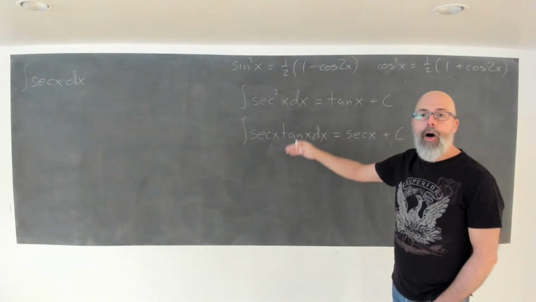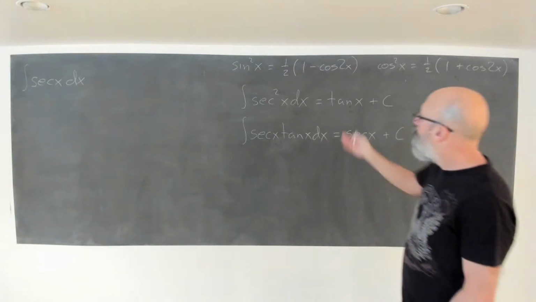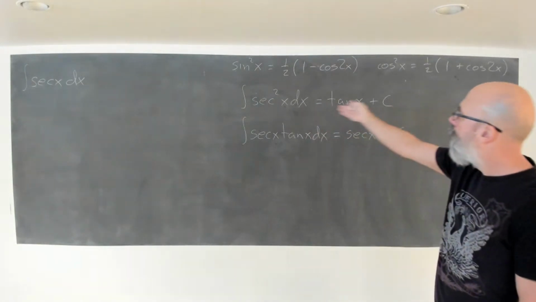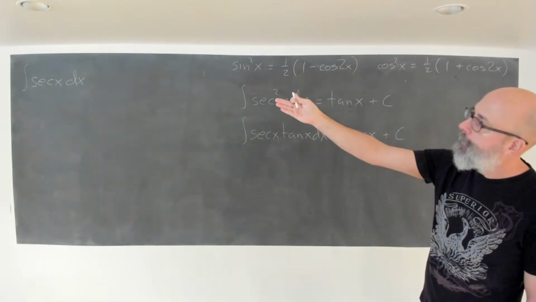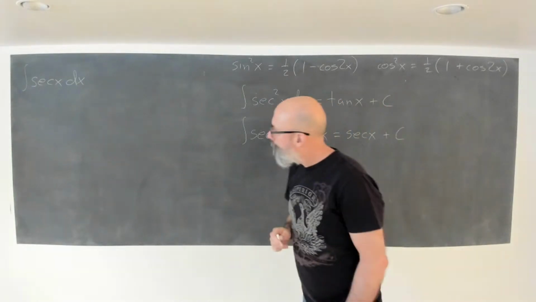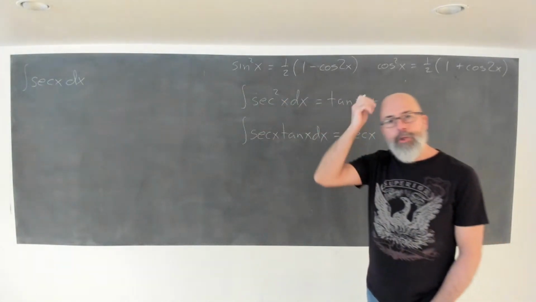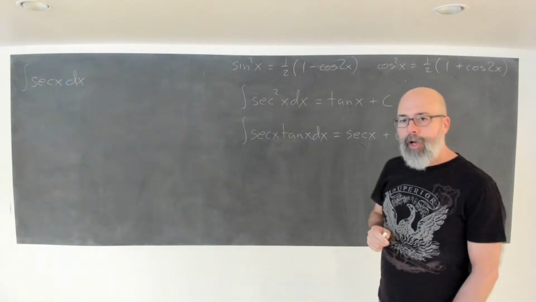They may come up after doing lots of work and some simplification, and then you can just say, well, the antiderivative of secant squared is tangent, we're done. Integral of secant: this requires a nice trick, and the trick is to multiply by 1.